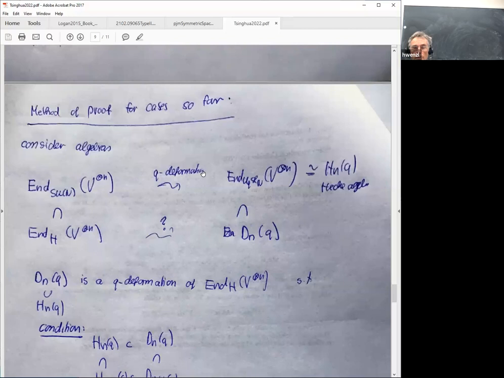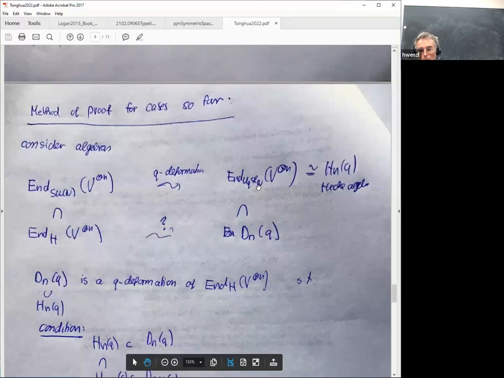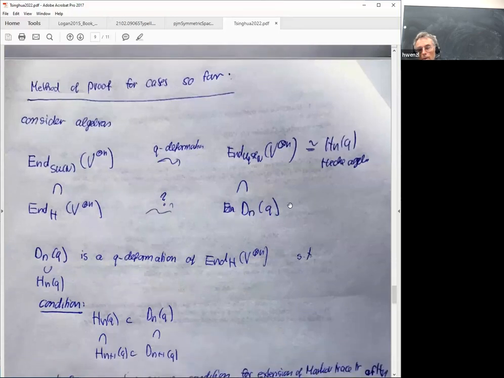The q-deformation of this is well known. We get this one, which is given by the Hecke algebra. And I think I will write down the relations below. So what we need is, we want to construct an algebra D_{n,q}, which is a deformation of our commutant of H on V tensor n, and which contains the Hecke algebra.